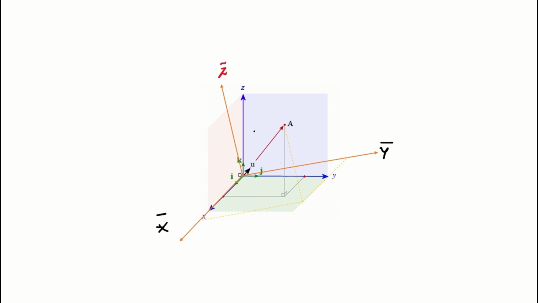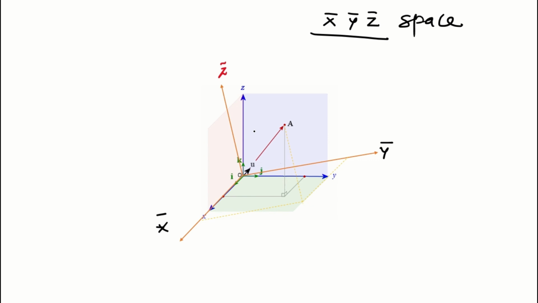Now we are keeping the x axis and x bar axis the same, so x and x bar coincide. We are rotating the y axis and the new axis is y bar, and we are changing z to z bar. So our new coordinate system is the x bar, y bar, z bar space.